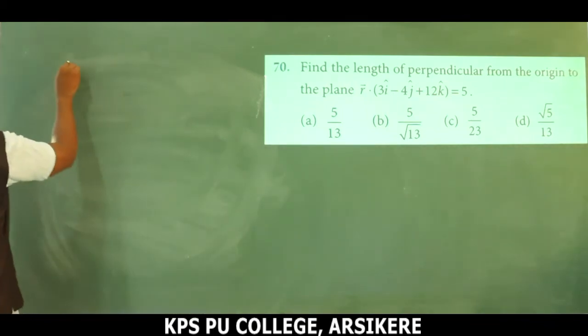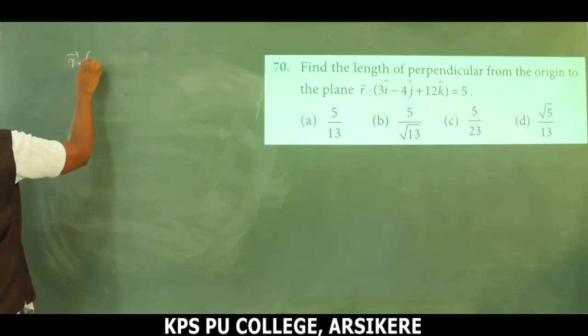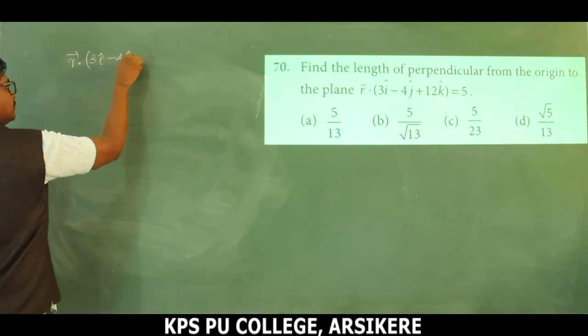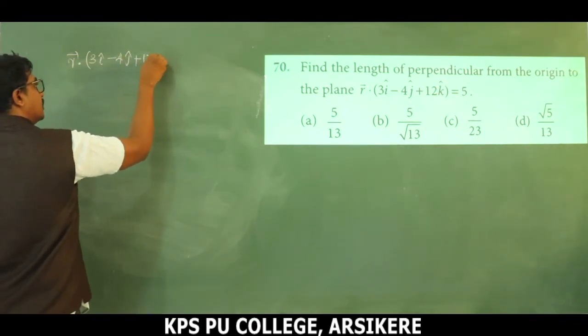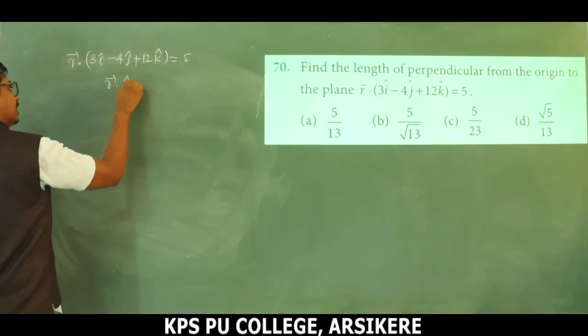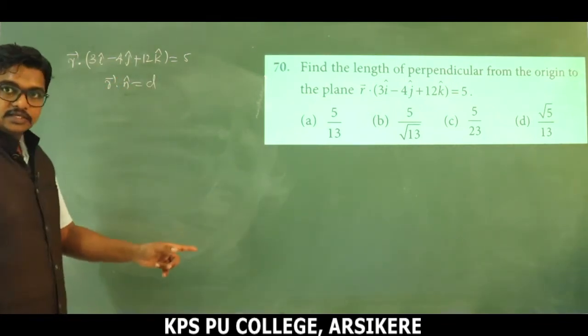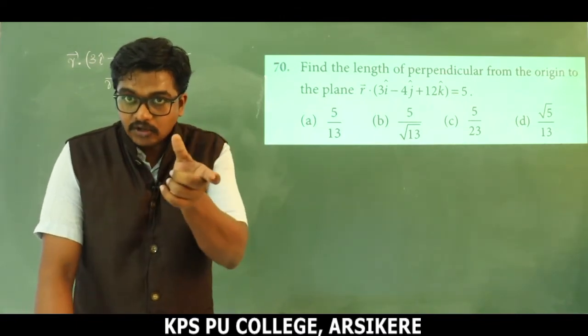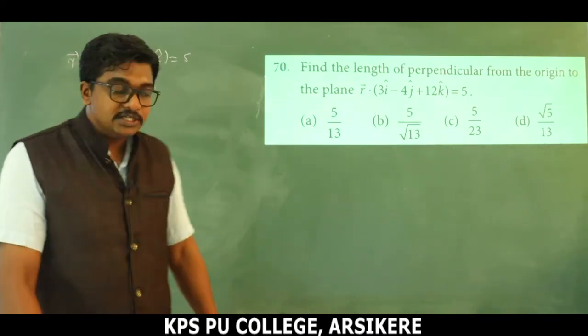This is the given equation. Vector r dot n cap is equal to d. So in this case, d becomes the perpendicular distance of the plane from the origin.